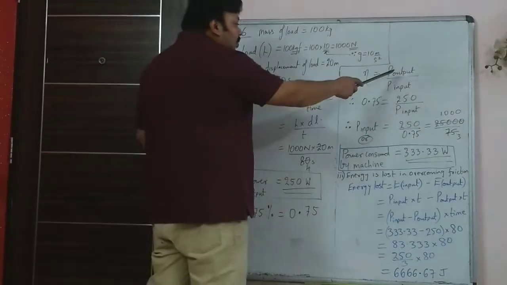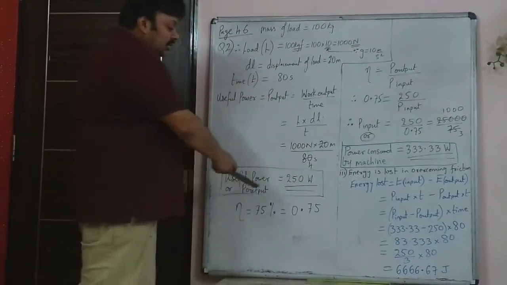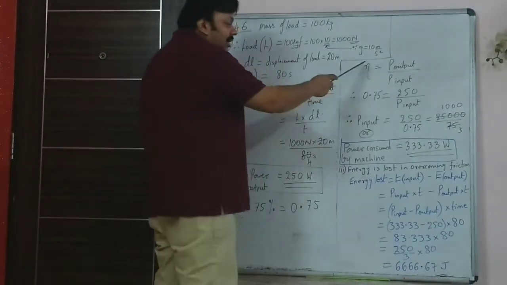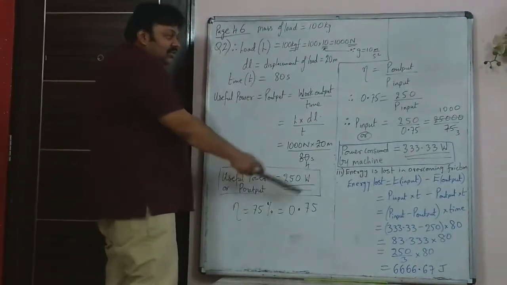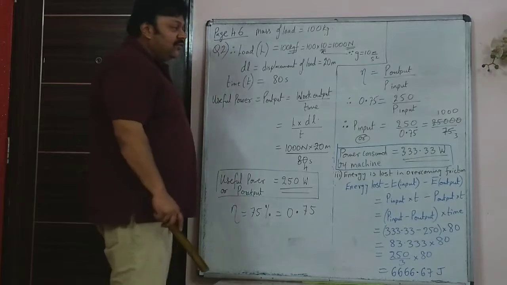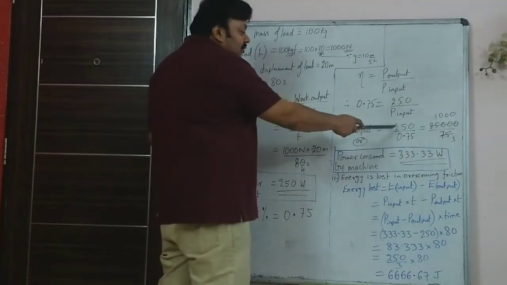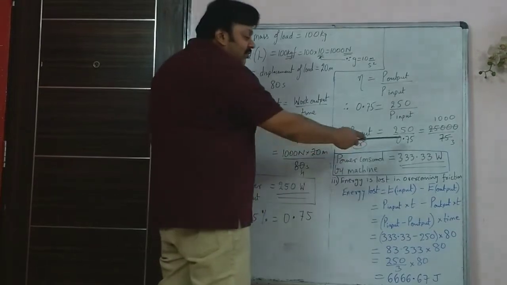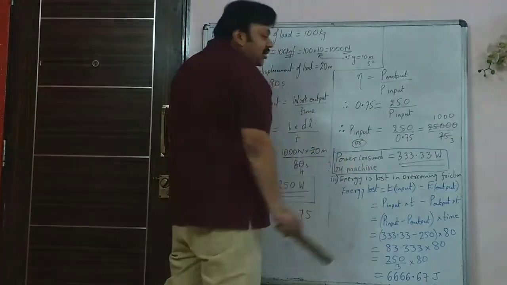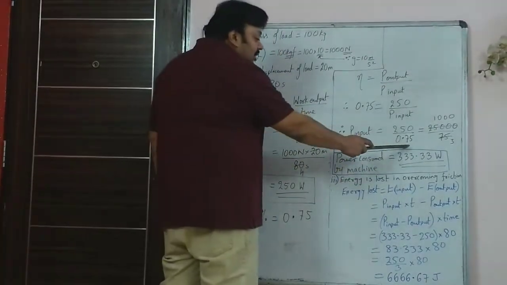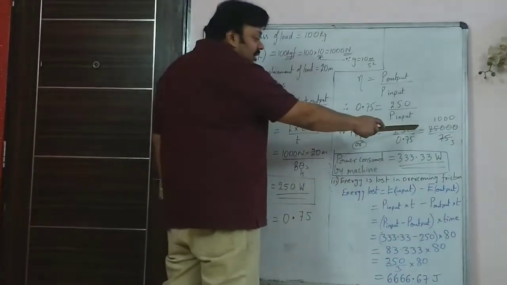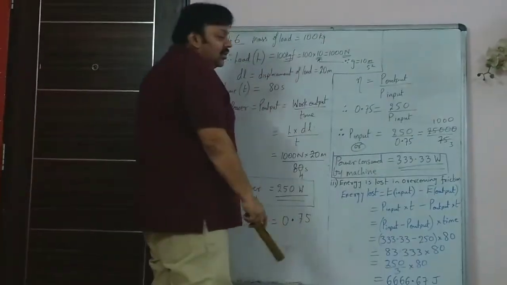So the power output you just found is 250 watt. Efficiency is 75% or 0.75. So therefore you can find power input as 250 upon 0.75. I have shifted 2 decimals and written it as 75. And because I have shifted 2 decimals, I have put 2 zeros in the numerator.